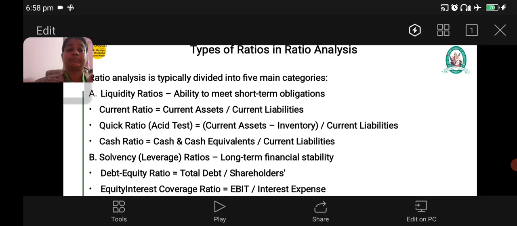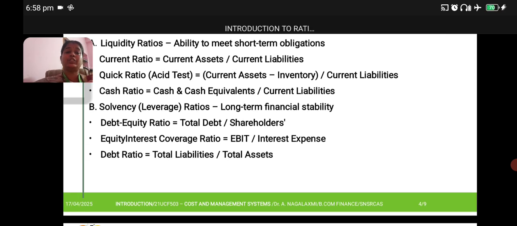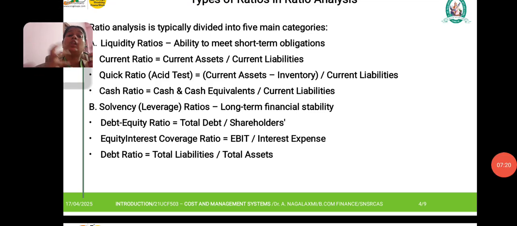What is the purpose of using the liquidity ratio? It is to know the ability to meet short term obligations: whether the company is in a position to meet them, what the current ratio position is, what the quick ratio position is, and what the cash ratio position is. Likewise, the solvency or leverage ratio is used to find out long term financial stability: the debt equity ratio, the interest coverage ratio, and the debt ratio.